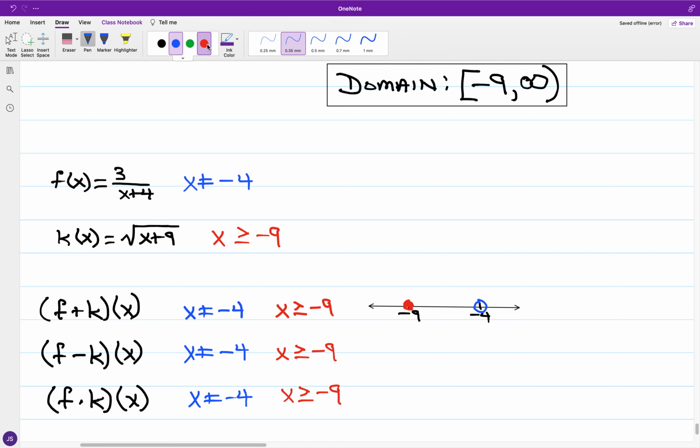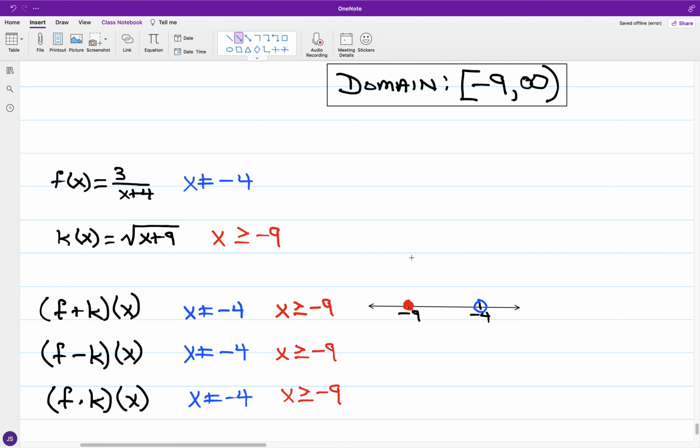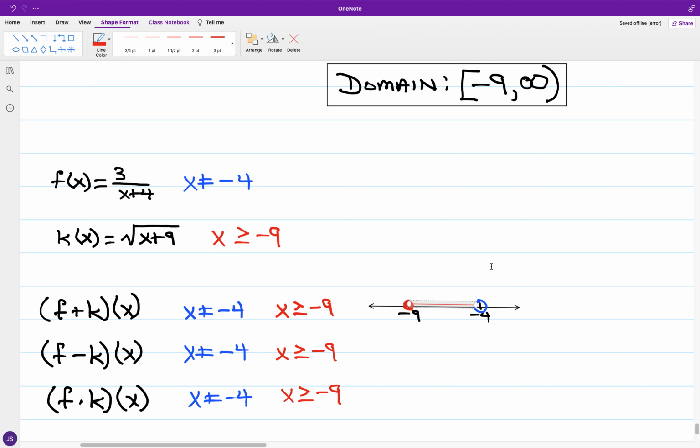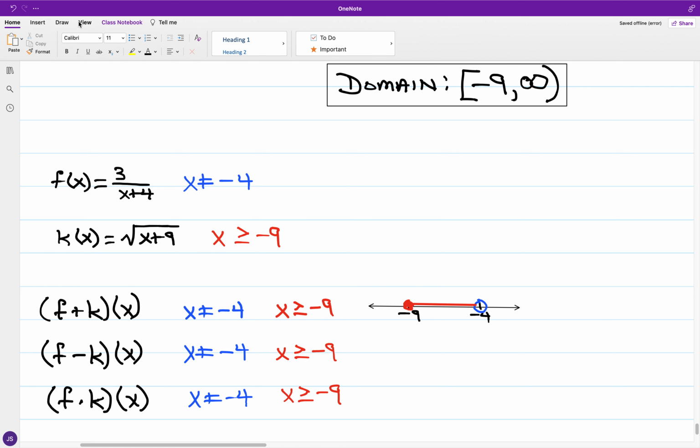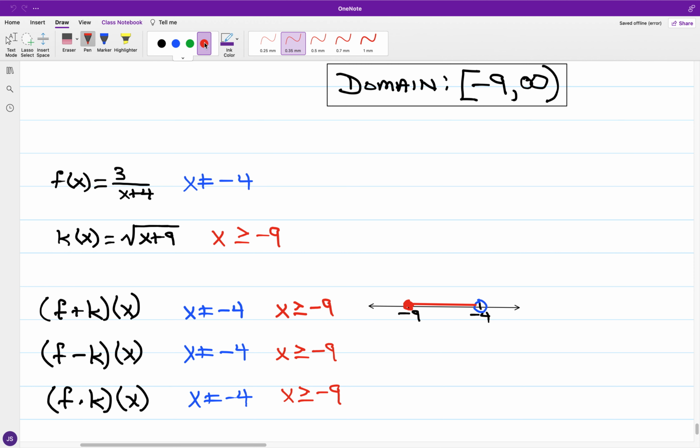And what I mean by interference is that if I had just x is greater than or equal to -9, I would have a ray running continuously to the right. But with -4 left out because of what is restricted for f of x, I cannot run continuously, so I had to pause and bypass -4.